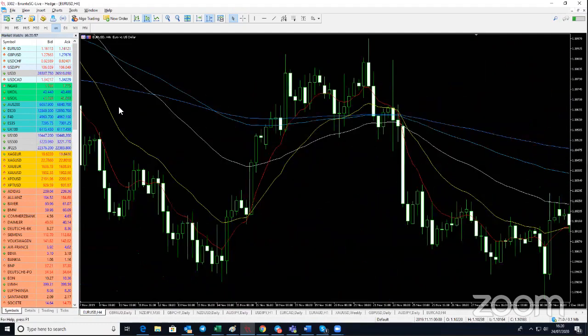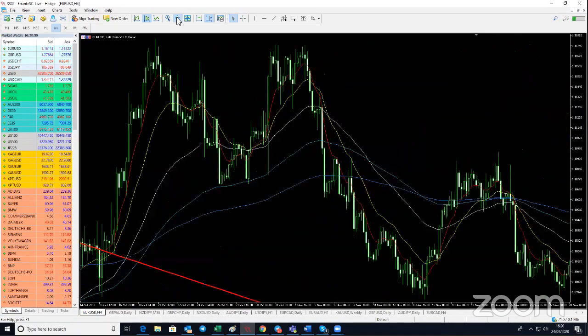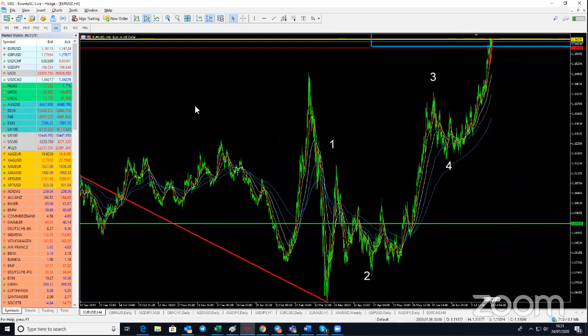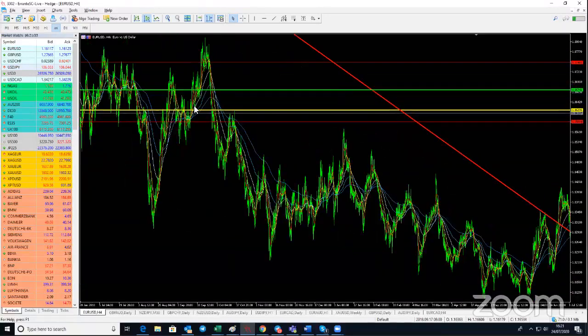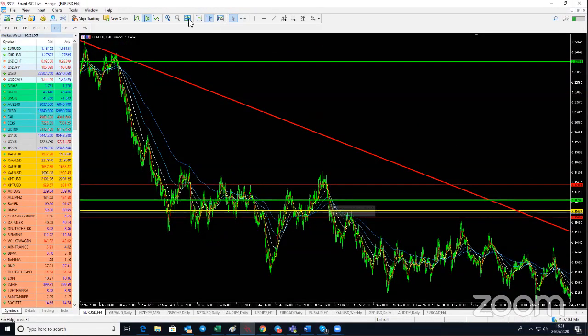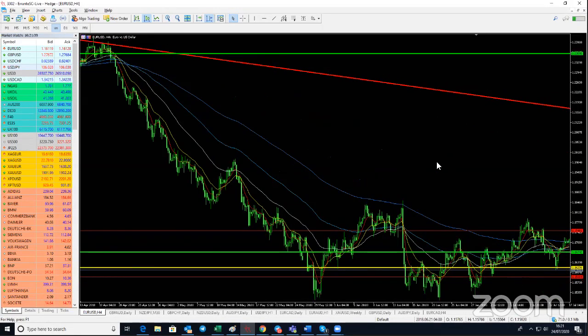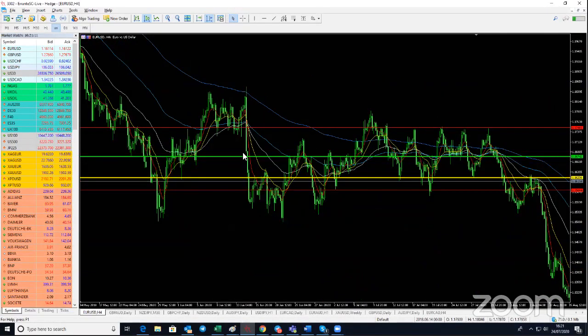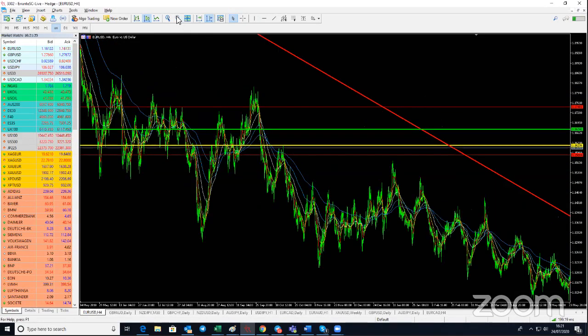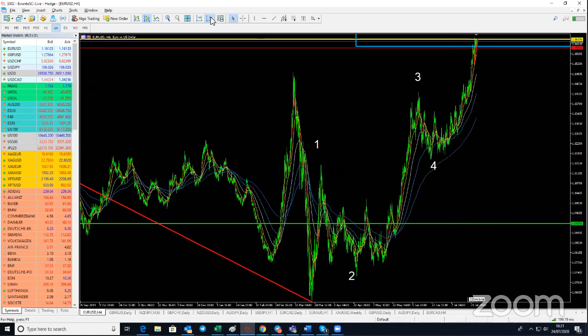Let me just shortcut my method. We have got some here, a lot of movement here. Now you see from the green line, was it the green line or the yellow line? Yes, it's the green line.